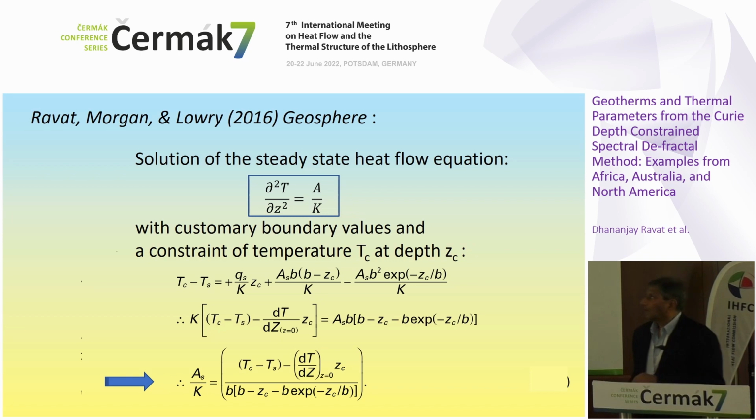A few years ago, my colleagues Paul Morgan, Tony Lowry, and I did some analysis and figured out that if you take the solution of the steady-state heat flow equation with your customary boundary value conditions, and add a constraint of temperature at a certain depth, and I'm using Curie depth as an example, then a lot of things fall out of this, and in the end you get an estimate of radiogenic heat production, or the ratio of radiogenic heat production to thermal conductivity.